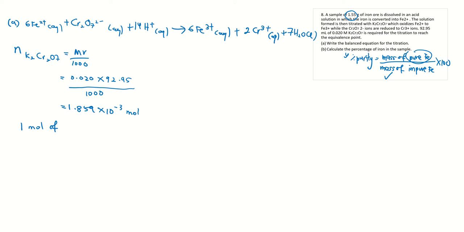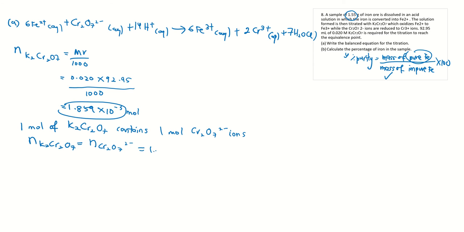We must write down this statement: 1 mole of K2Cr2O7 contains 1 mole of dichromate ions. Therefore, the number of moles of potassium dichromate is equal to the number of moles of dichromate ions, which is 1.859 times 10 to the power of -3 mole.